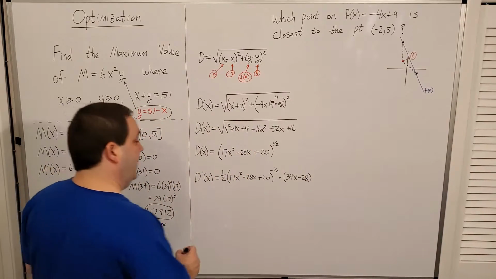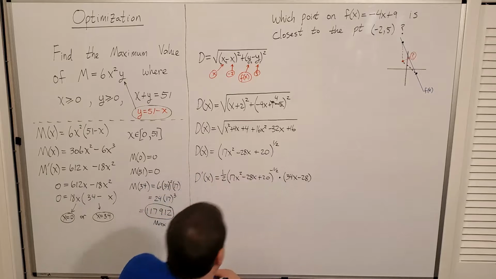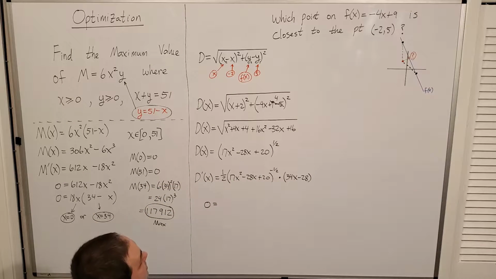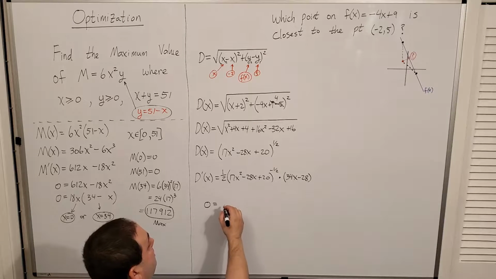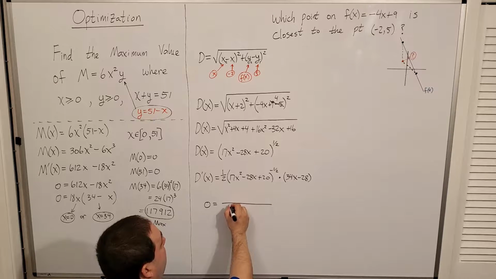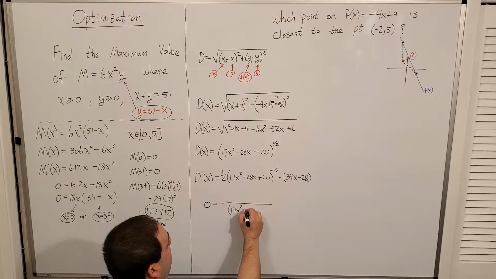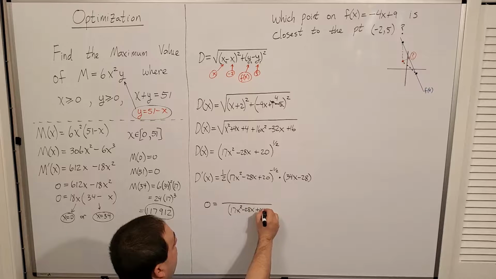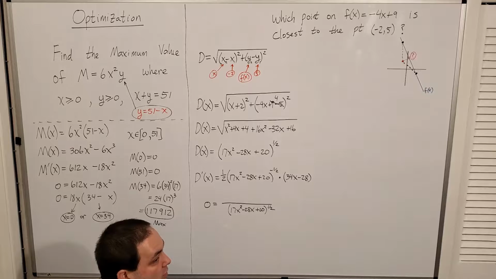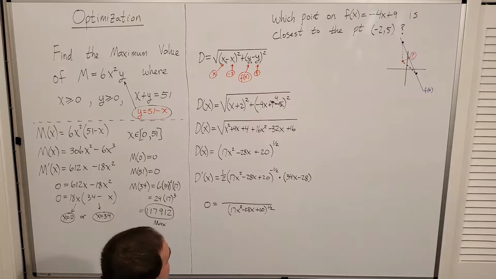Let's rewrite that and set it equal to 0, right? Because I'm looking for a critical point. So I'm just going to go ahead and set it equal to 0 here. I've got in the denominator the 17x squared minus 28x plus 20 to the 1/2 power. And you could rewrite it in a square root if you want. Okay?